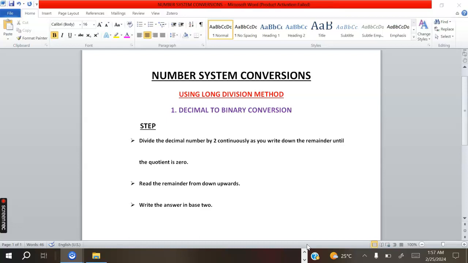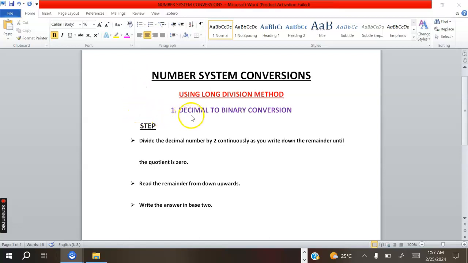I will take the long division method for this particular example. In the next video, I'm going to take you through the place value method, so you can check the two videos and compare which method is easier for you.